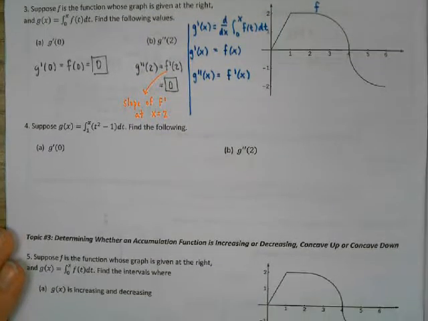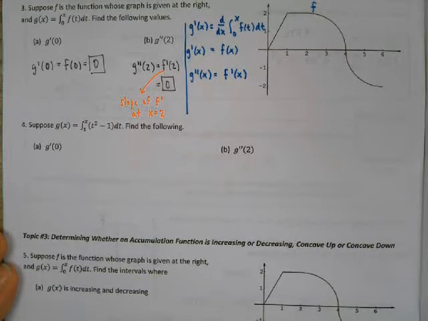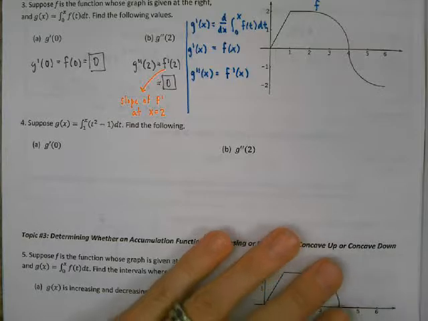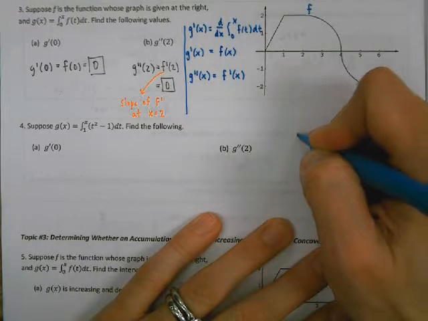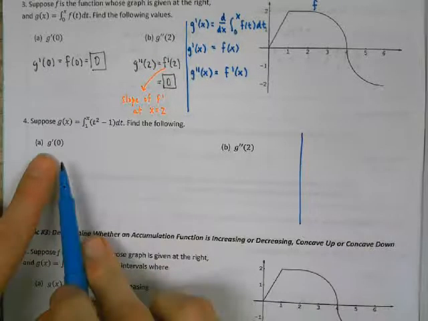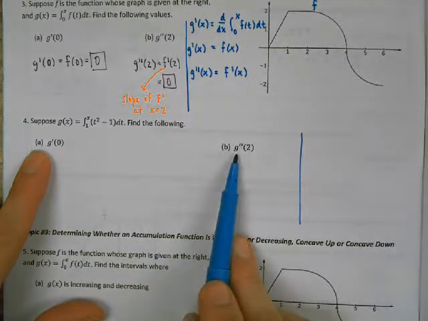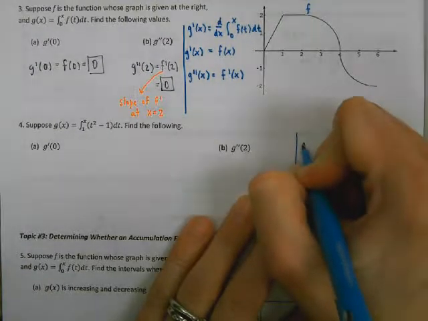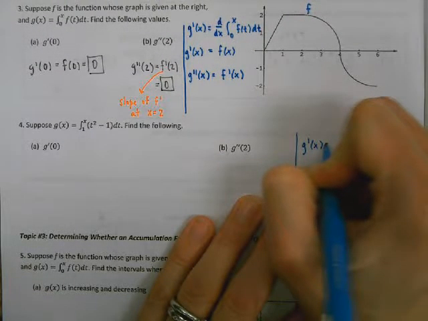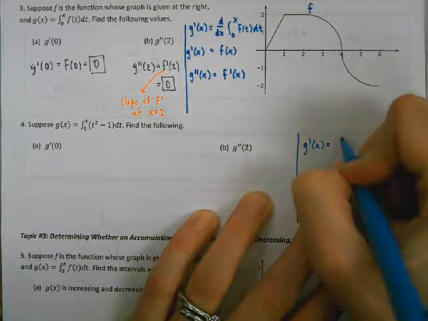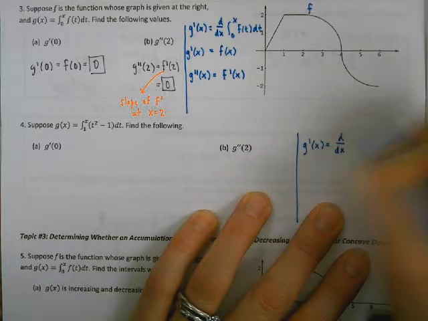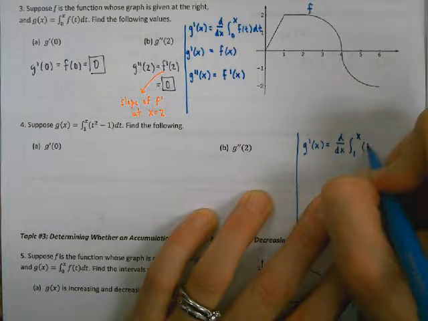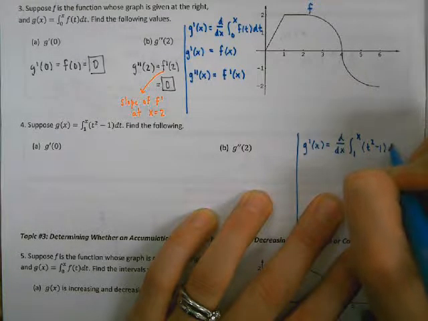Let's look now if we're just given the function. Now we don't have a graph. Same idea applies though. So maybe I'll put this over to the side here. Now I notice I need to know g prime and g double prime. So I'm just going to go back to my basic function. I know that g prime of x is equal to the derivative with respect to x of the integral from 1 to x of t squared minus 1 dt.